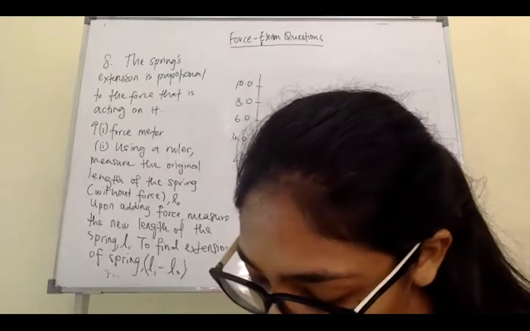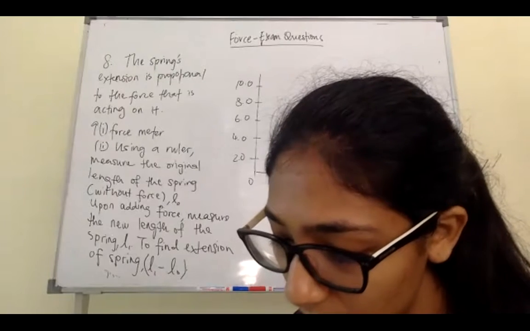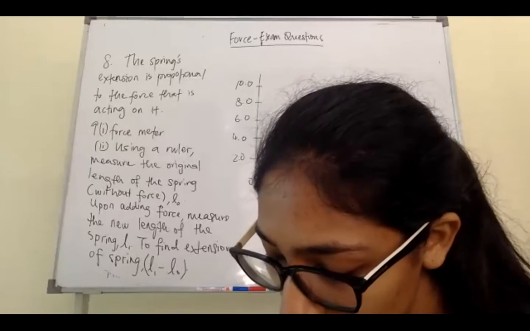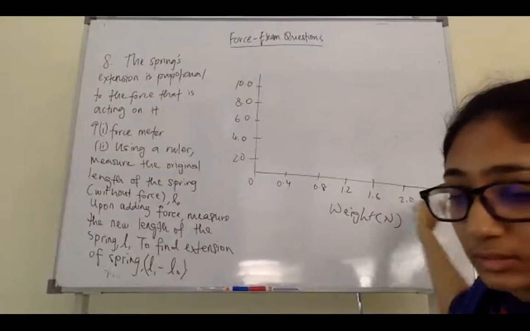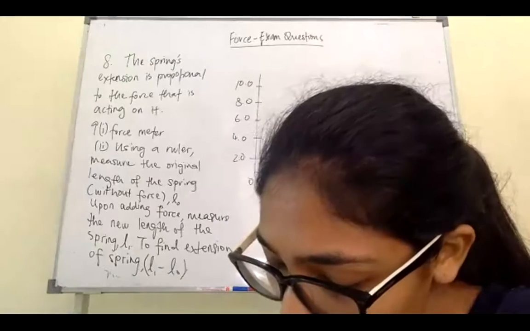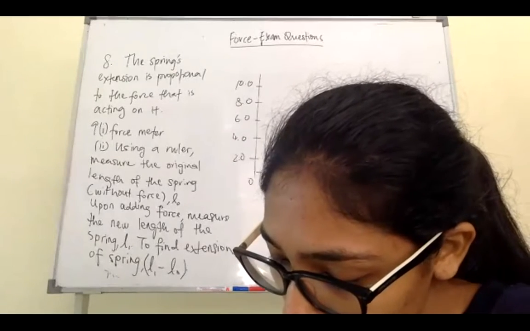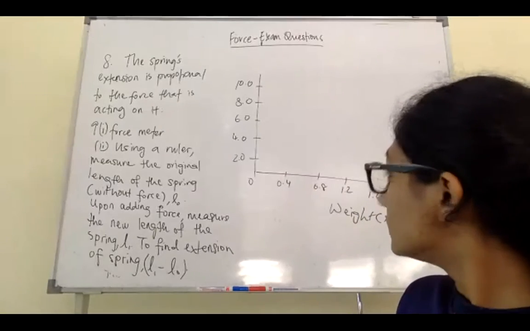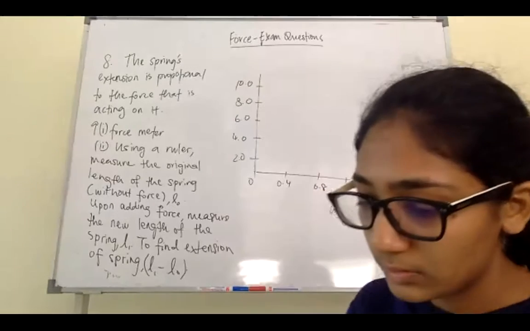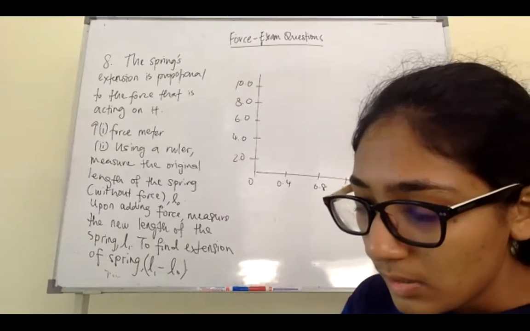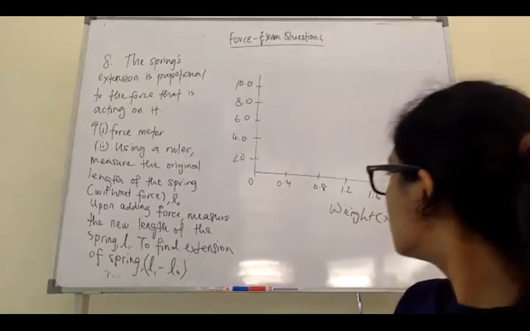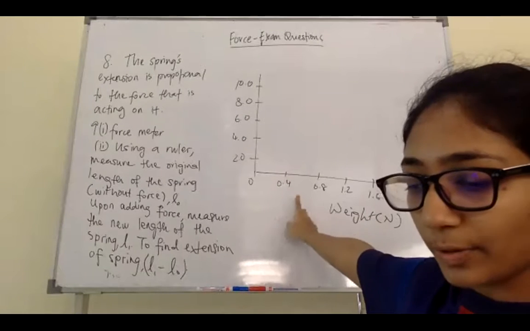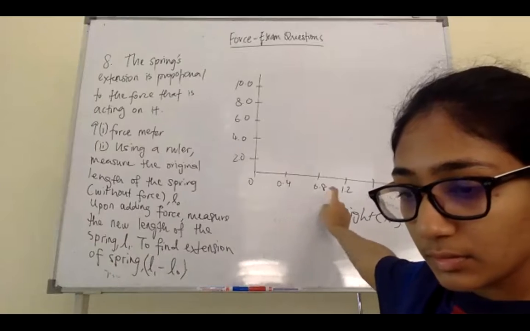Your weight at the bottom? You didn't label yet. It's already put down that your weight is in Newton. No, you need to write this down. Oh, okay, I understand. But I did not put it like that. What I did was 0.5, 1 like that. Wait, I'll just show you.